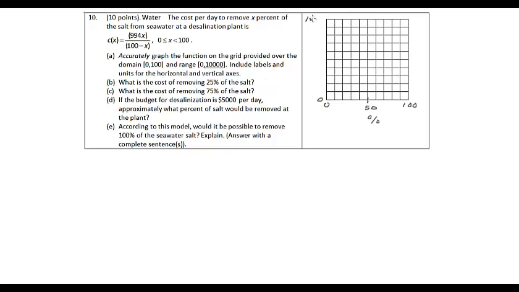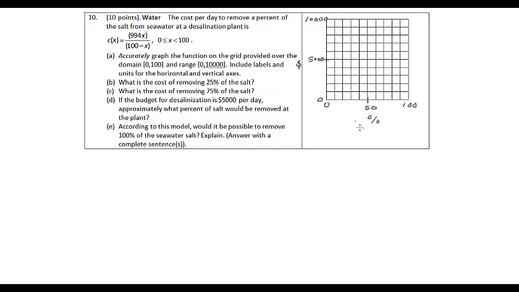Here's $10,000, and here's 5,000. So that gives us a scale. This is our cost in dollars. And we need to graph this accurately.